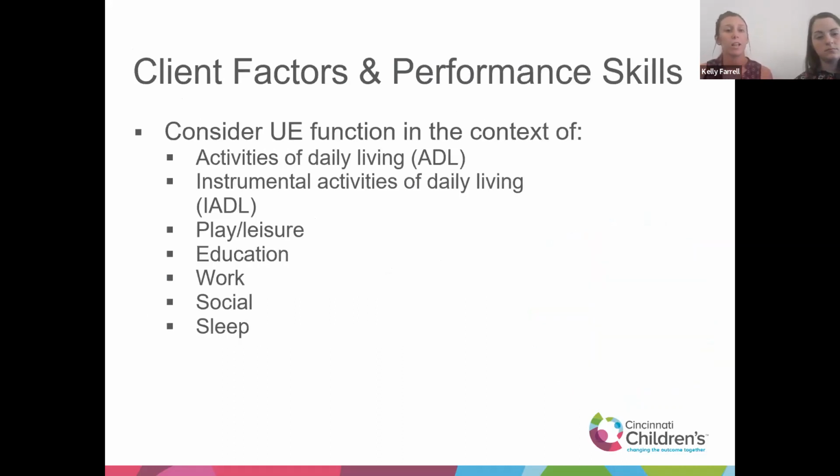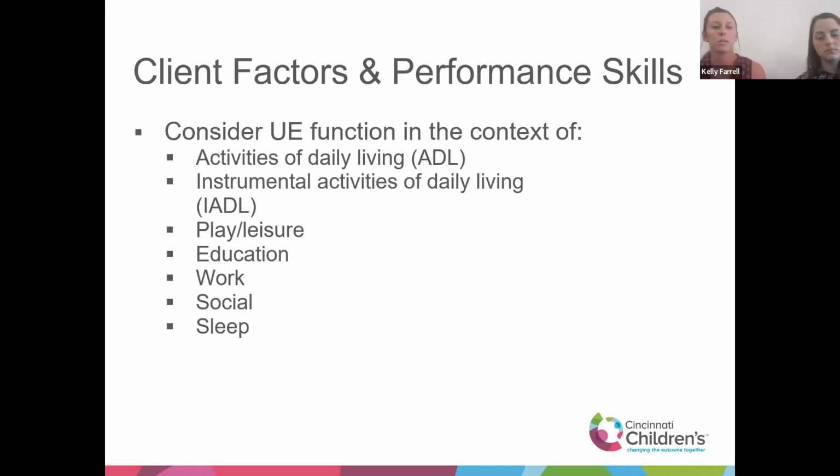And then we're going to look at their client factors or performance skills. So considering their upper extremity functions in the context of activities of daily living. So dressing, bathing, feeding, those instrumental activities of daily living. So their chores, running errands, participating in the community, their play and leisure. What do they enjoy doing? What is impacting their enjoyment of play? Education, are they going to school?